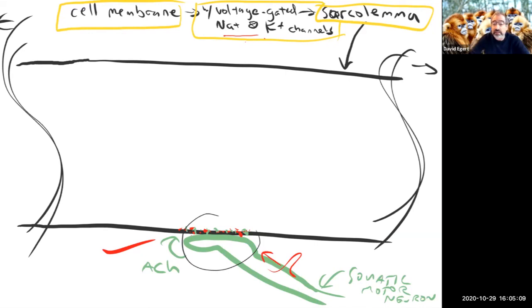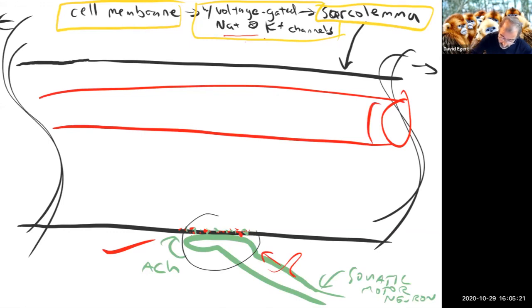Obviously, we're going to need the actual contractile proteins that are going to generate the force. For right now, we're going to just keep them more macroscopic, the little myofibrils.